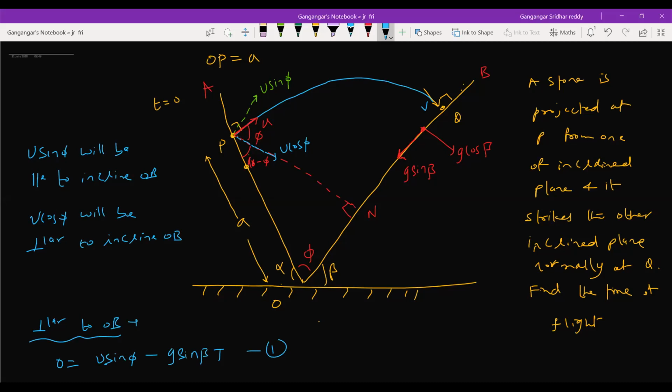Why will the initial velocity U sine phi decrease? Because of retardation g sine beta. I'm applying the formula v equals u minus at. When it strikes the inclined plane OB normally at Q, the component along OB decreases and becomes 0. Okay, there's one equation.